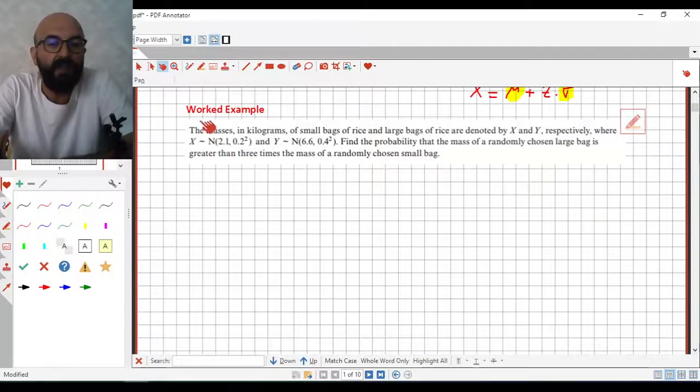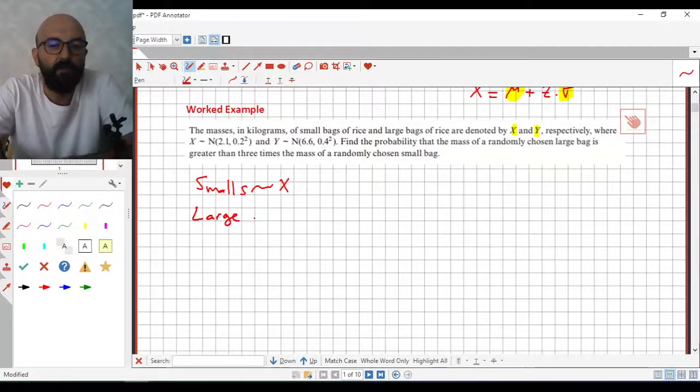Okay, now we have an example about linear combination and normal distribution. The masses in kilograms of small bags of rice and large bags of rice are denoted by x and y respectively, where small bags are called x and large bags are called y.